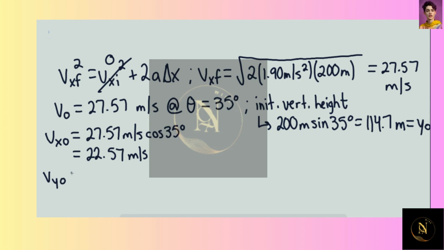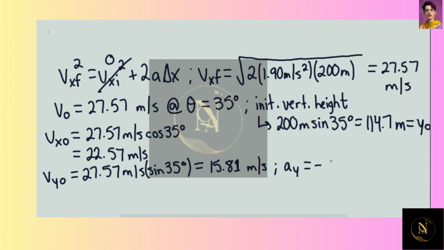Velocity y initial would be equal to 27.57 meters per second sine of 35 degrees. And this is equaling 15.81 meters per second. So we know that here we're going to let the acceleration in the y direction be negative. So this would be negative 9.80 meters per second squared.